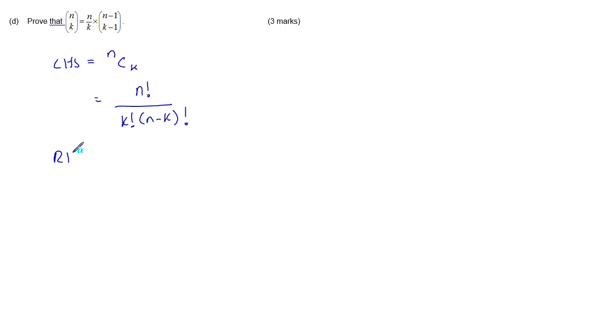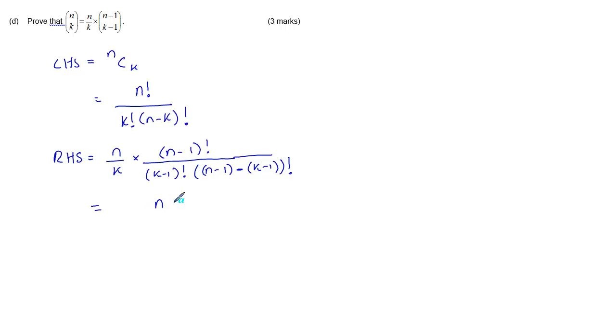Now let's consider the right hand side. So that's going to be n over k multiplied by (n minus 1) factorial over (k minus 1) factorial, (n minus 1 take away k minus 1) factorial.